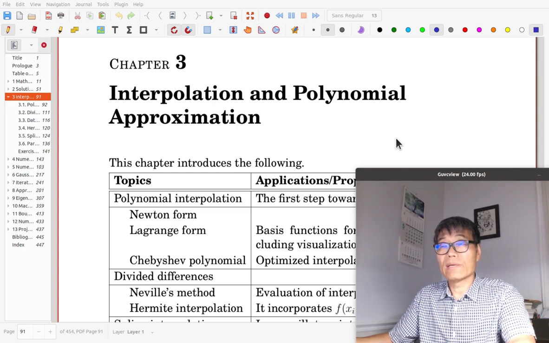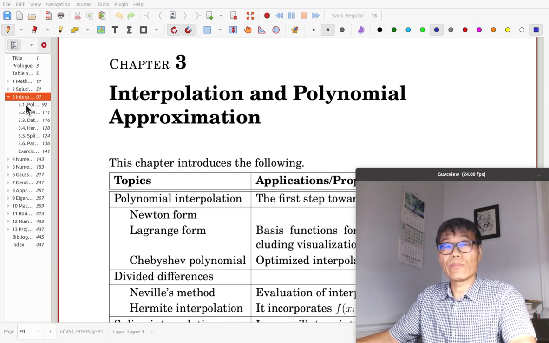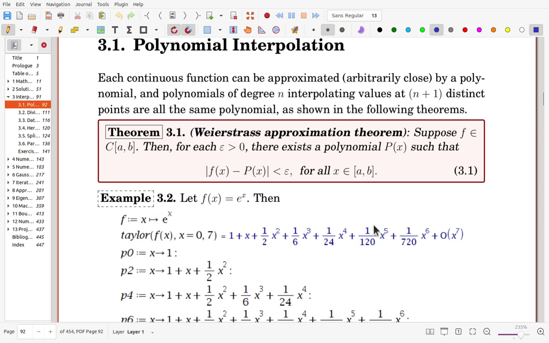accuracy of those polynomials. Okay, let's go to section 3.1, polynomial interpolation. Here we have a theorem, Weierstrass approximation theorem. f is a continuous function defined on the interval [a, b].